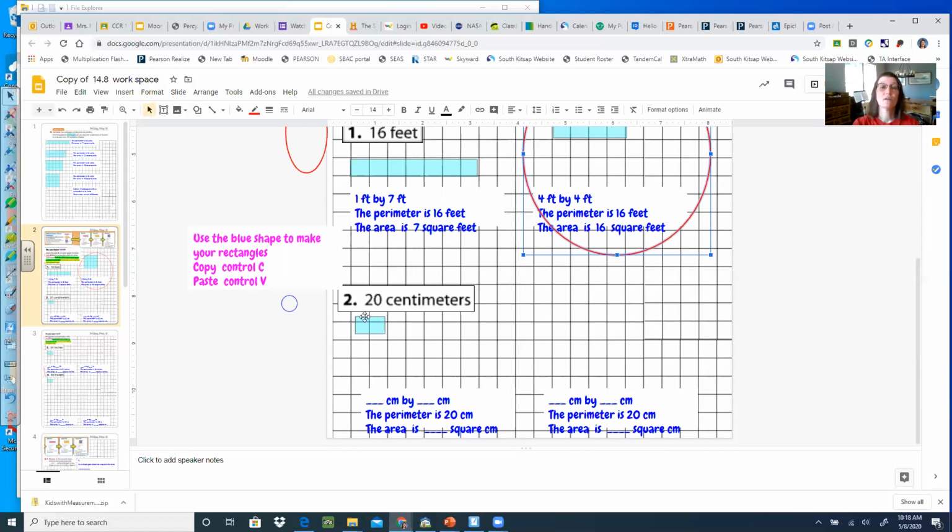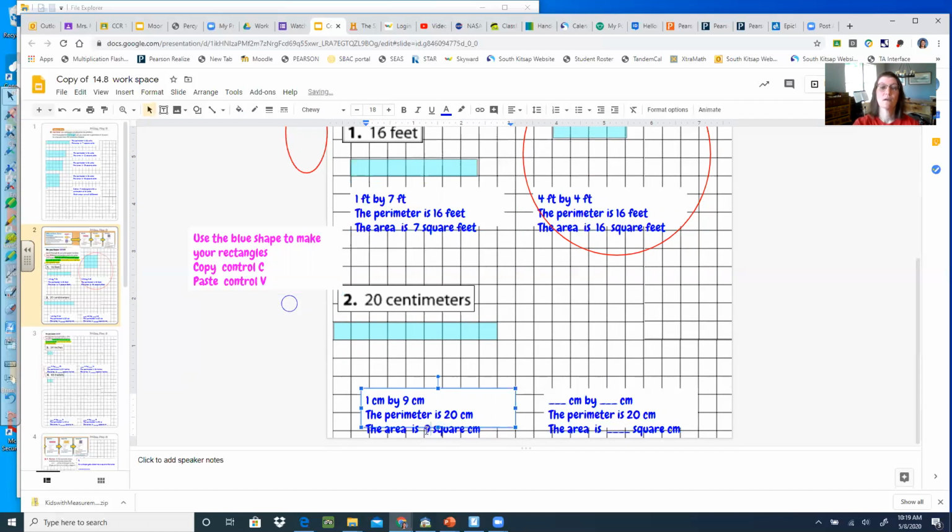So it's going to be a long, skinny guy. There's my 1, 2, 3, 4, 5, 6, 7, 8, 9. So I just said it was going to be a 1 by 9. So remember, for area, I can do length times width. Here's my dimensions.